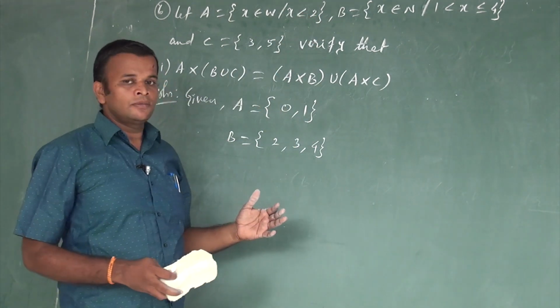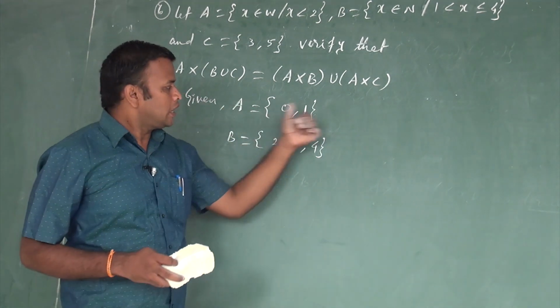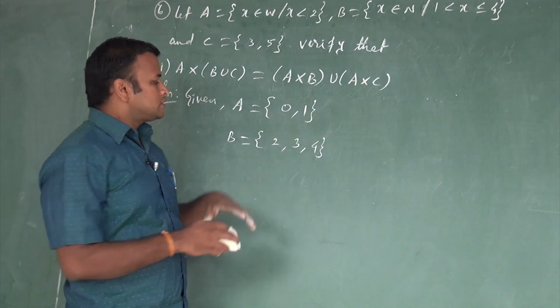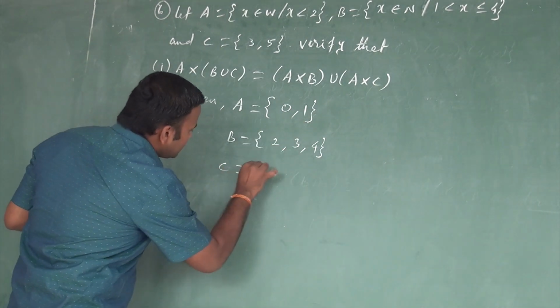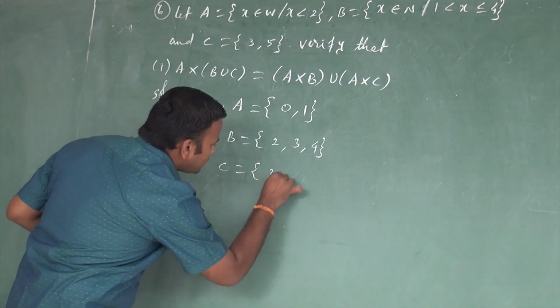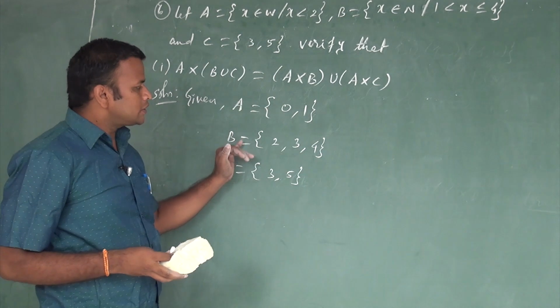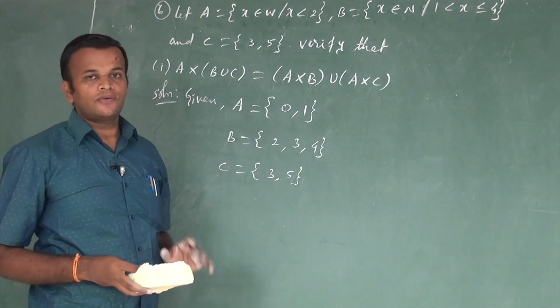So the first step is to convert the given two sets into roster form, that is, number form. Set C is already given in roster form: 3, 5.